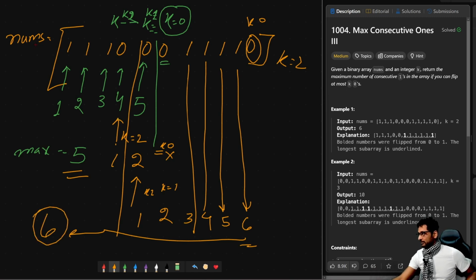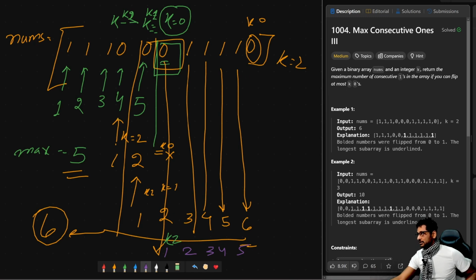The third time we start calculating from this 0 again, so we reset our k to 2. It's going to happen like this: 1, and k is 2 at this particular index, so you calculate 1, then 2, 3, 4, 5.